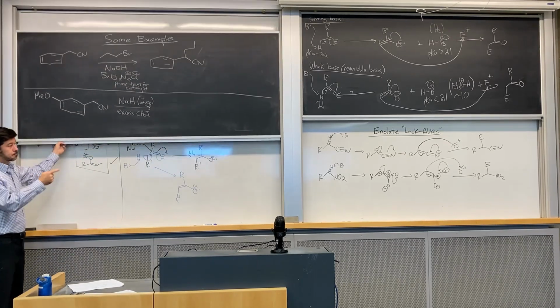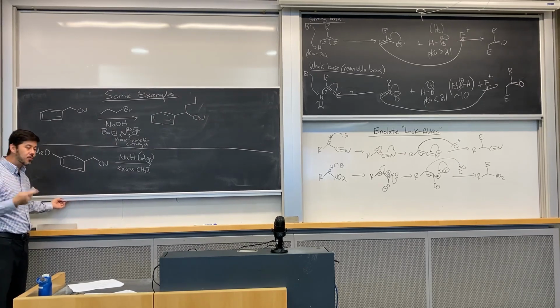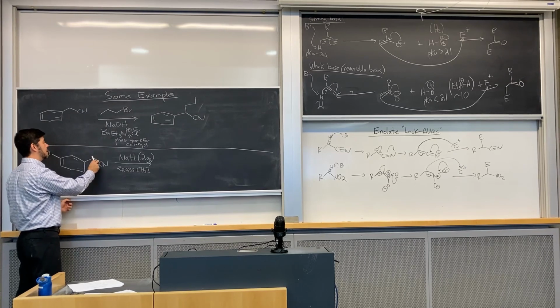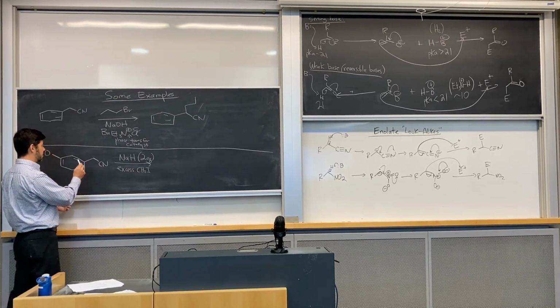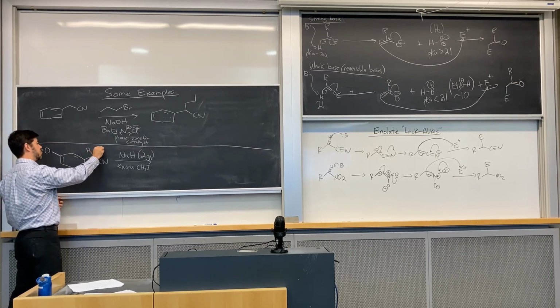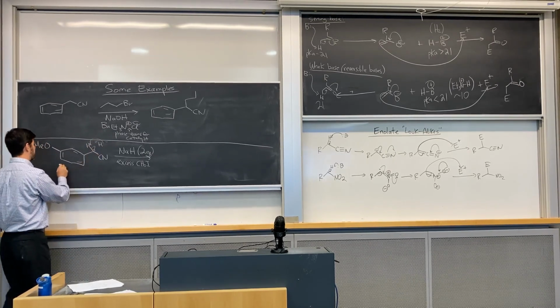Sodium hydride is a strong, essentially irreversible base. So you know it's going to remove one of these alpha protons, but we have 2 equivalents. So why don't we first look at the case in which we do a first deprotonation with H-? We're going to put that electron density here.